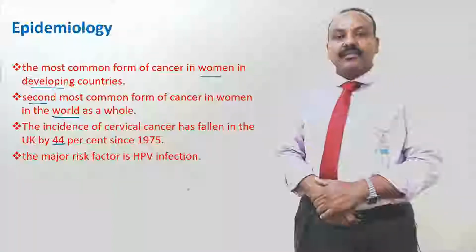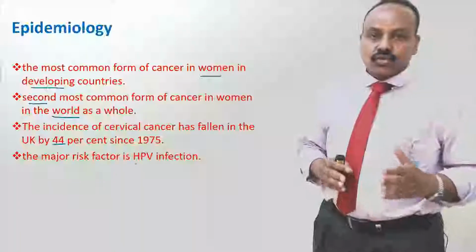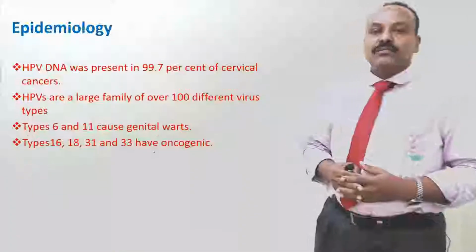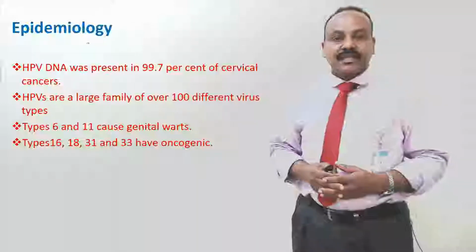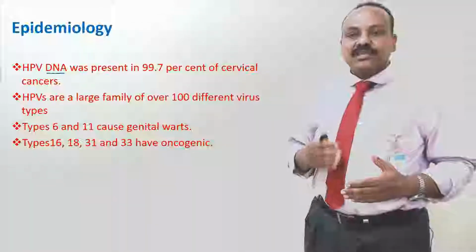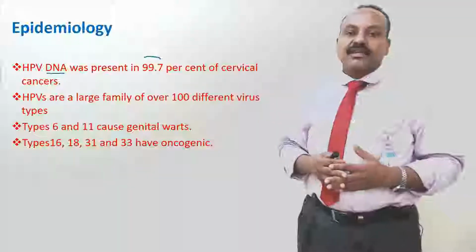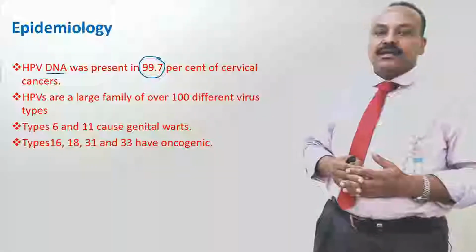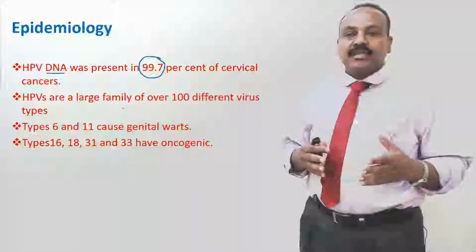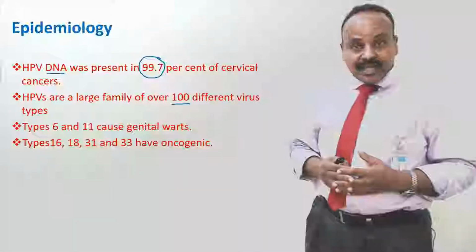They found that the major risk of cervical cancer is human papilloma virus, because human papilloma virus is a DNA virus, and it was present in around 99.7% of all cervical cancer. Human papilloma virus is a family of over 100 different virus types.